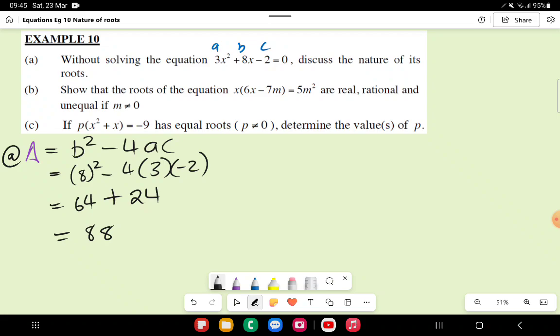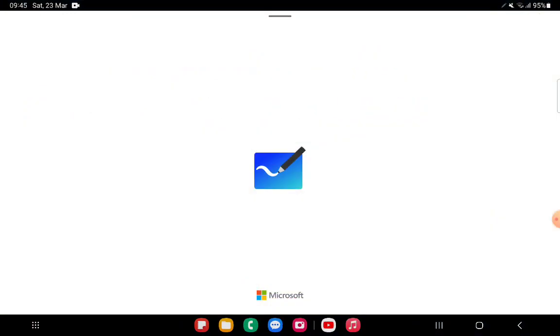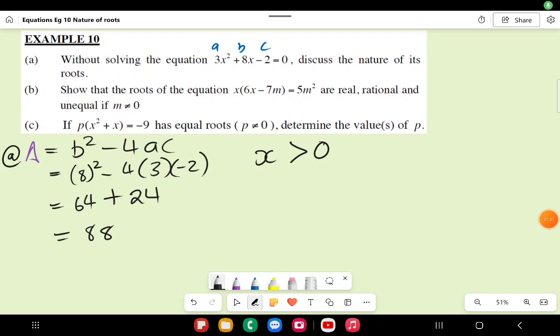Now let us discuss the nature of the roots. First thing I know is that delta is greater than 0. Because this is a positive answer, I know that this is a real root. Next up, I know that 88 is not a perfect square.